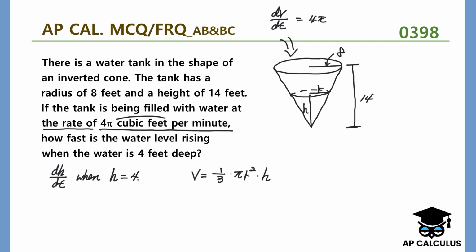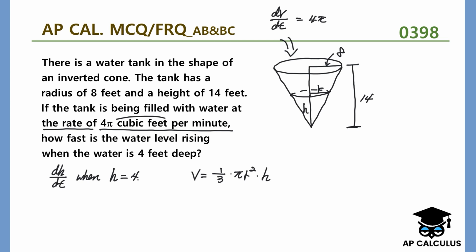If we look at this figure, let me draw a line like this. This small triangle and the large triangle are similar triangles, because the angle from here to here is the same as the angle from here to here, and they are sharing this angle. So by AA similarity, these two triangles are similar.